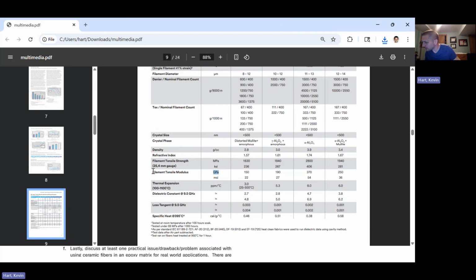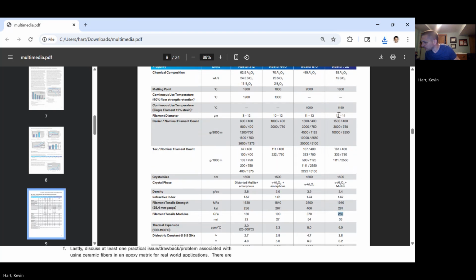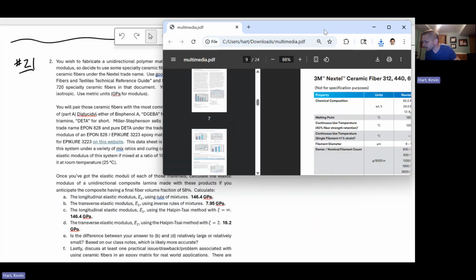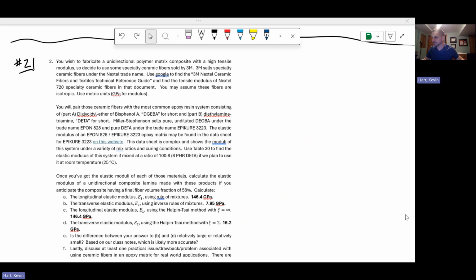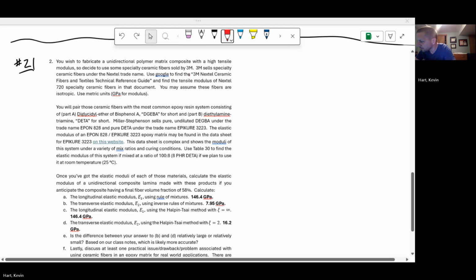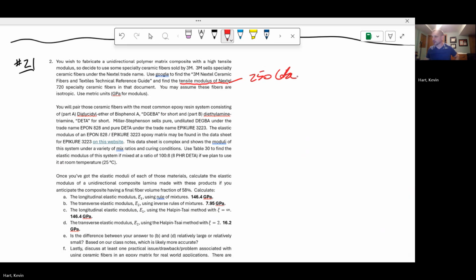It says right here for type 720 fiber. All right, so 250 GPa. There we go. So that's that.